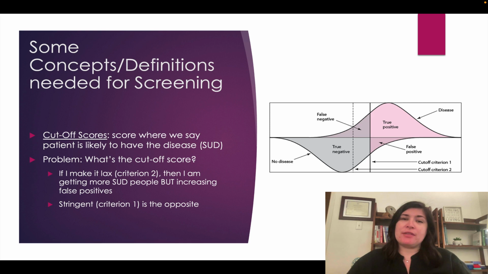If we go with a more stringent cutoff score, or what we see in criterion 1, you can see that yes, we're going to get less false negatives, but we're also going to get less people that actually identify with a substance use disorder. So we're kind of missing the wider net there.